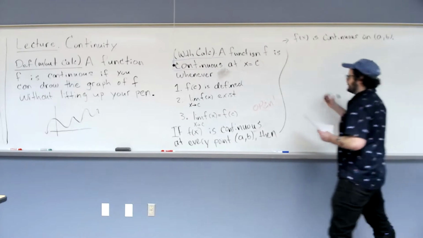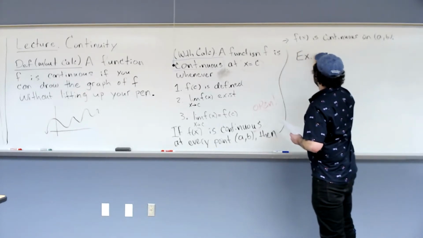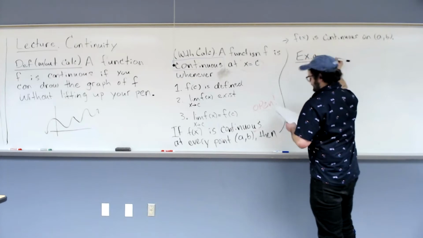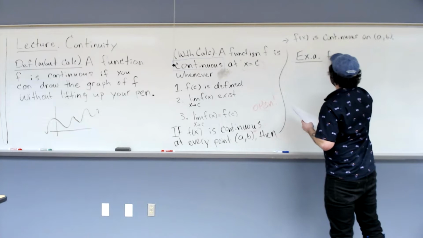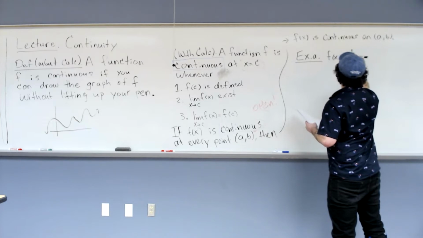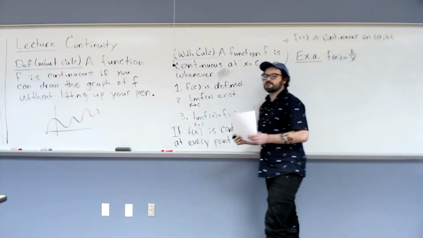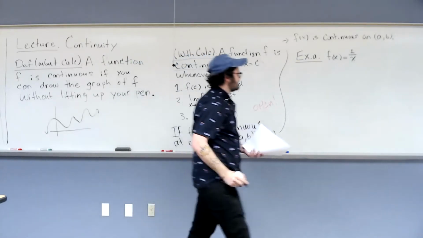So let's consider some examples. Example A: maybe f of x equals 1 over x. Let's discuss the continuity of this function. So what does this function look like?